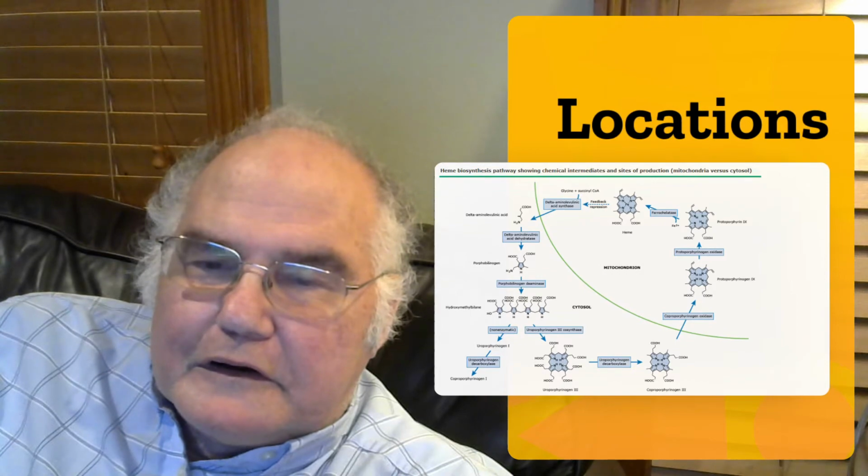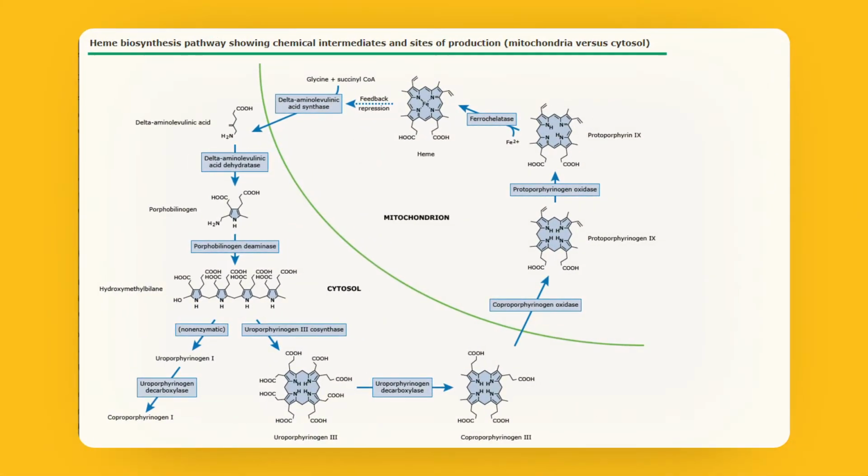And here we have which ones are located in the mitochondria, which ones in the cytosol. And this is not particularly important information in regards to clinical application, since you would think that perhaps the ones in the mitochondria are also responsible for mitochondrial dysfunction, but that is not necessarily the case.